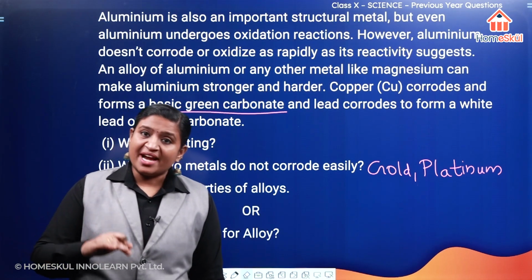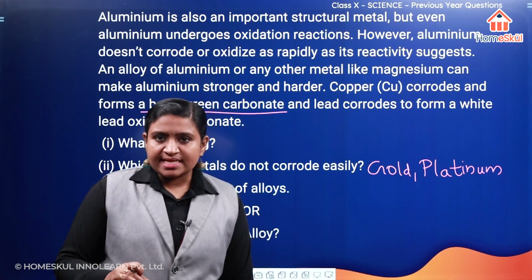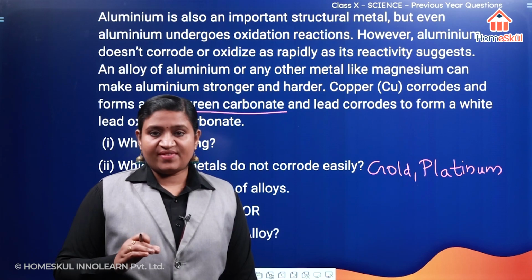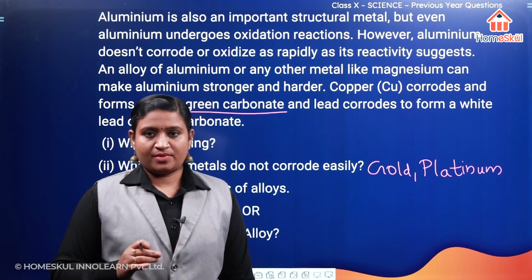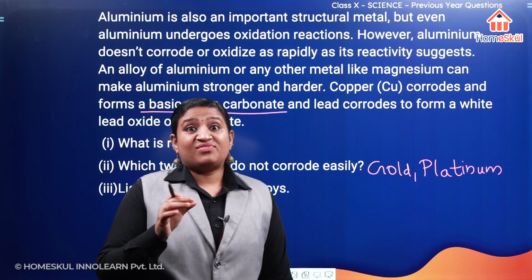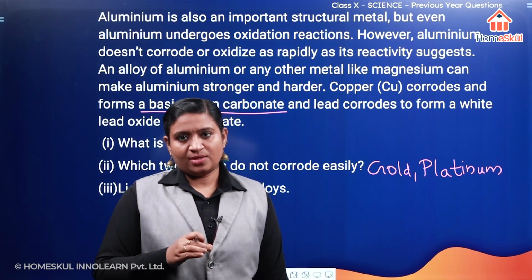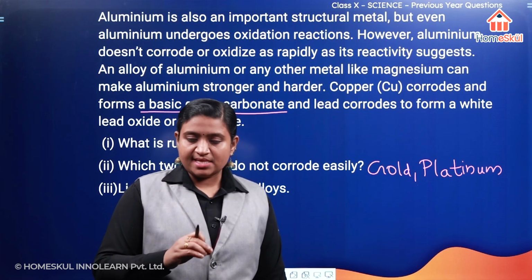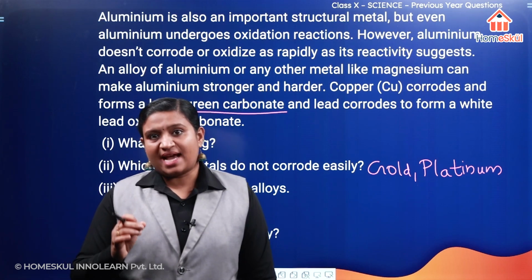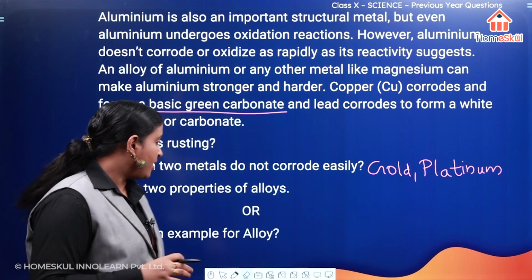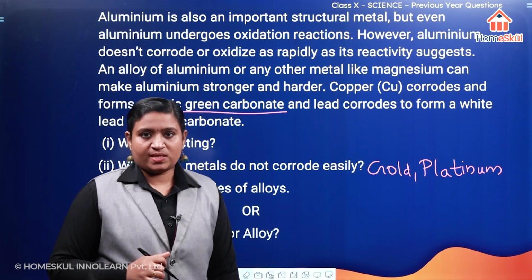Second one, compared to the pure metals, alloys have low conductivity and low melting point. Okay, and they are generally hard. Okay, compared to metals, alloys are generally hard and they have low ductility. These are some of the important properties of alloys.